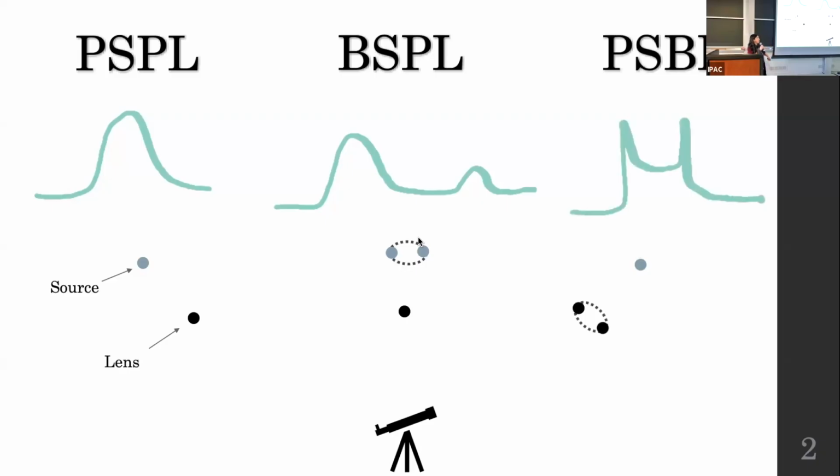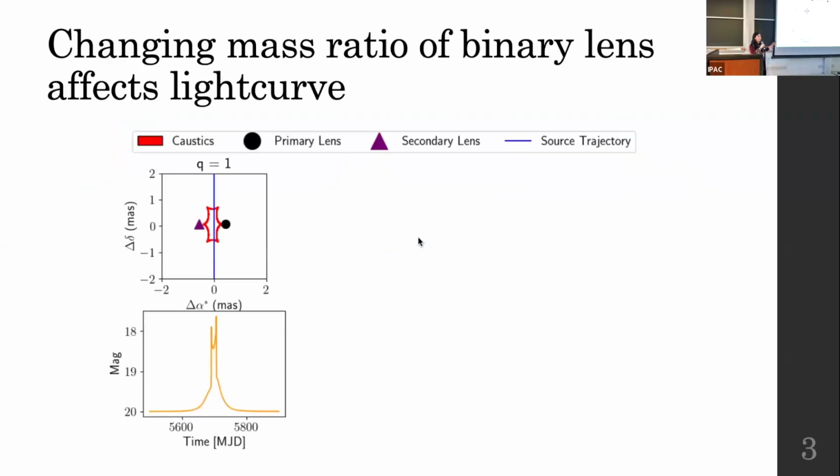You can also have a binary lens microlensing event, where instead of one lens, you have a binary, and this can lead to very complicated lensing geometries that can lead to very sharp increases in your event magnitude. And so these sorts of systems, if they're well measured, you can constrain things such as the mass ratio and semi-major axis of your binary.